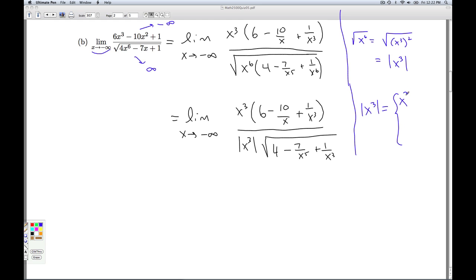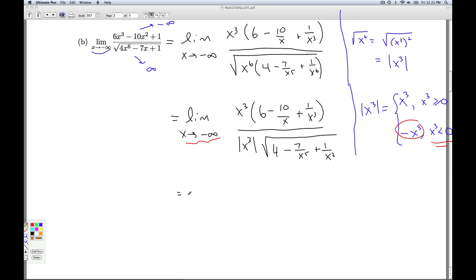It's either x cubed itself, if x cubed is bigger than or equal to 0, or it's the opposite of x cubed, if x cubed is less than 0. So I pay attention as to where my x is heading. X is heading off to negative infinity. When I substitute negative numbers into x cubed, I'm going to get a negative number back. That means this is the formula I'm going to use as x goes to negative infinity.